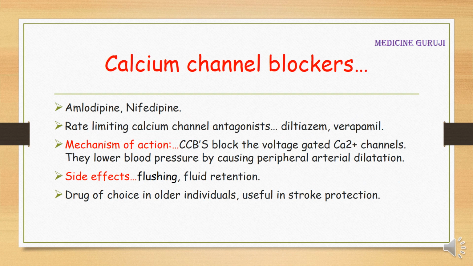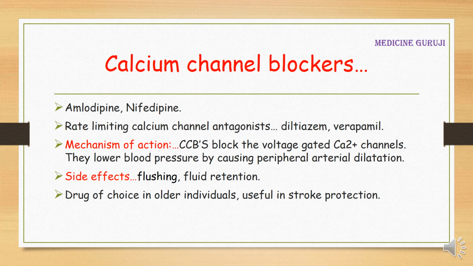Now we are coming to calcium channel blockers, amlodipine, nifedipine. Rate limiting calcium channel antagonists, these are diltiazem and verapamil. इनका मैकेनिज्म ऑफ एक्शन क्या होता है? Calcium channel blockers block the voltage gated calcium channels. They lower BP by causing peripheral arterial dilatation.